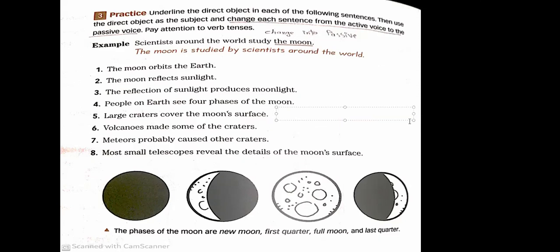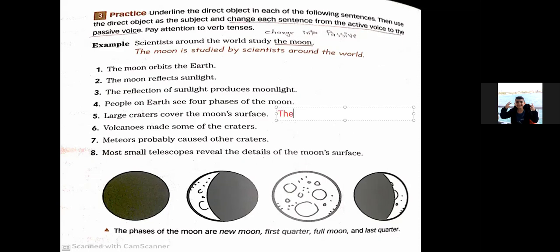Yes, Abdel Fattah, number 5. Large craters cover the moon's surface. We'd like to change from active into passive. What can we do? The moon's surface. So we start with the object, yes?